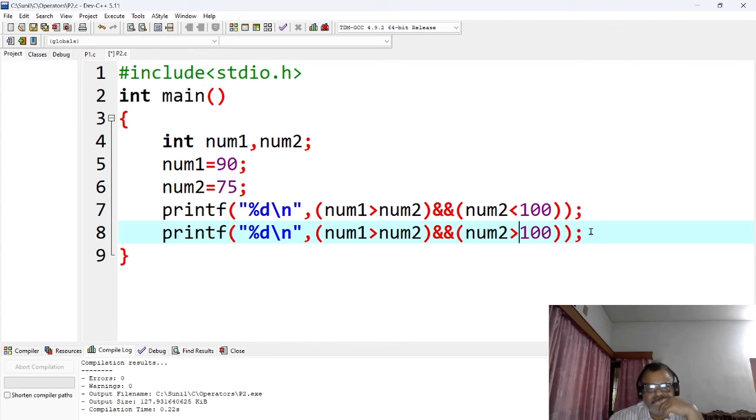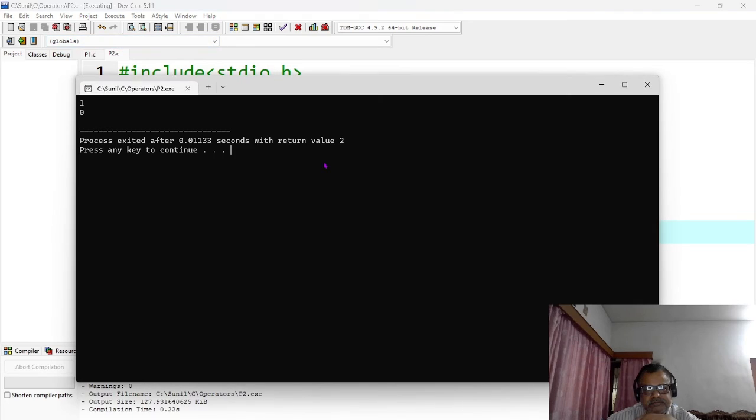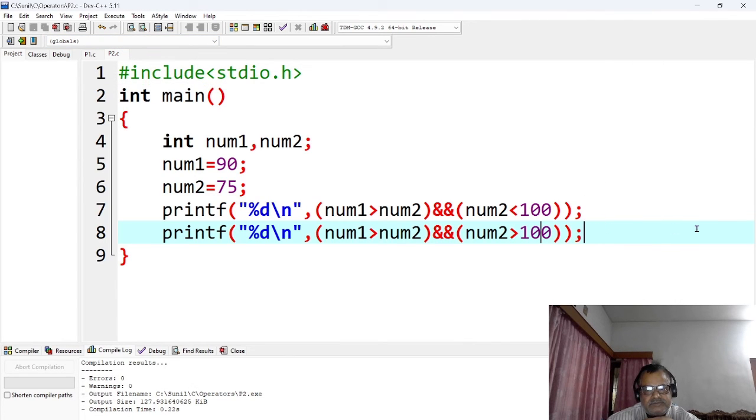Now, it is true, but it is false. And as we have discussed right now, if any of the expressions is false, we will get false. False means what? 0. So please check it. It is 1 and 0.